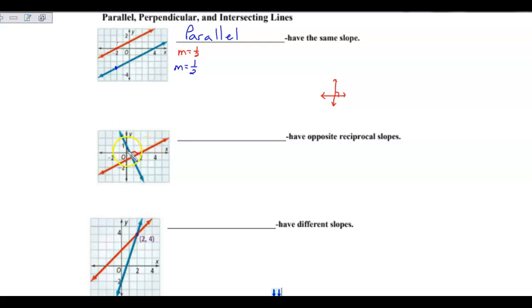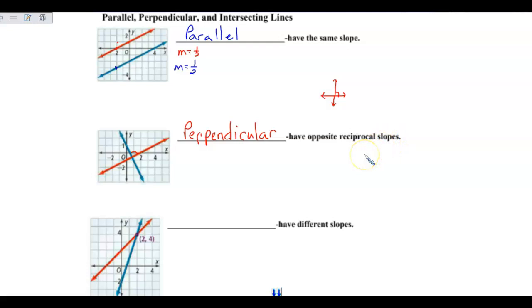And if the corner of the paper is following those two lines, it's a real quick way to find a 90-degree angle. So these are actually perpendicular. And they have opposite reciprocal slopes.